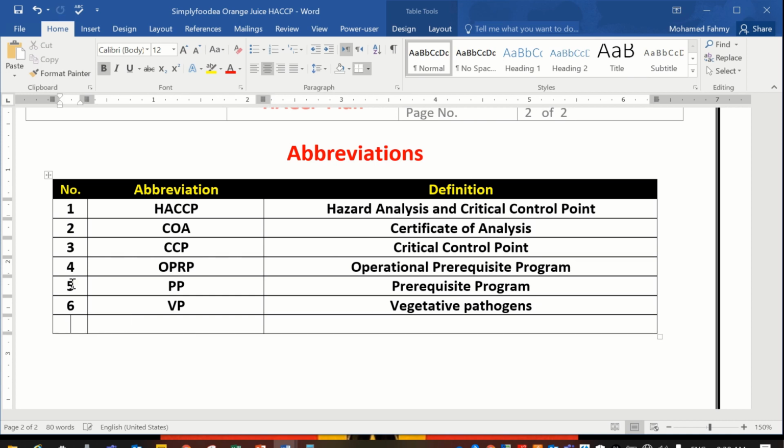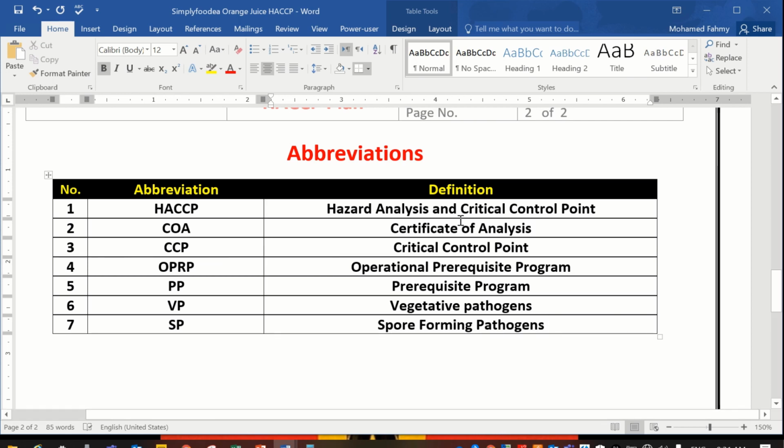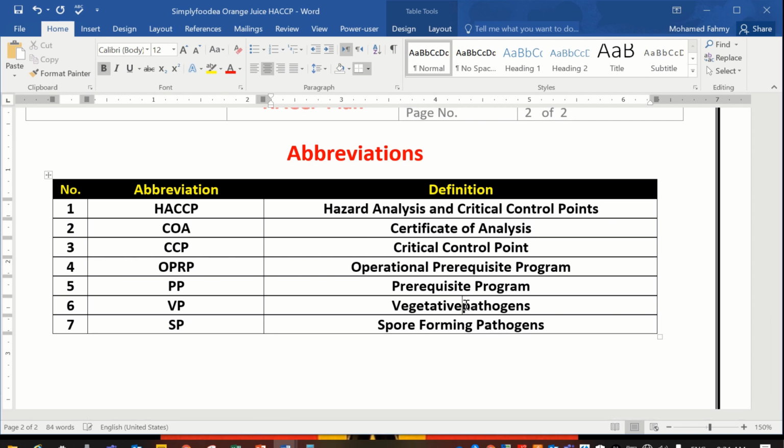Okay. Number 7, SP, spore forming pathogens. Okay, and critical control points. Sorry, this is vegetative pathogens.